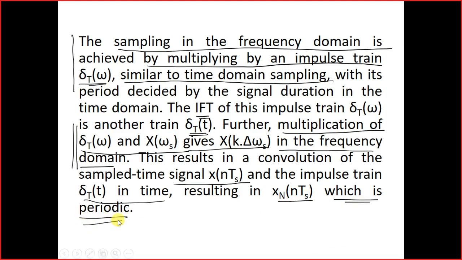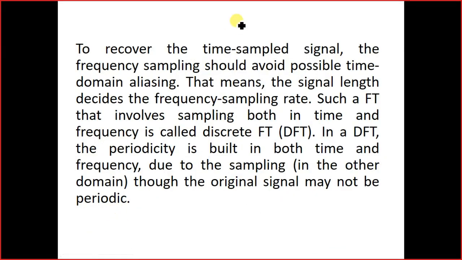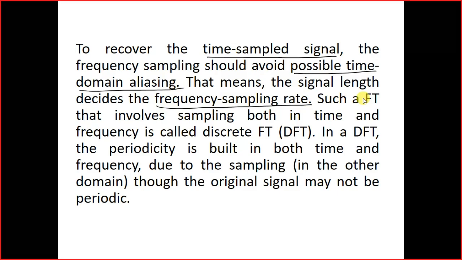To recover the time sampled signal, the frequency sampling should avoid possible time domain aliasing. That means the signal length decides the frequency sampling rate. I forgot to tell this one, so this is an important thing.